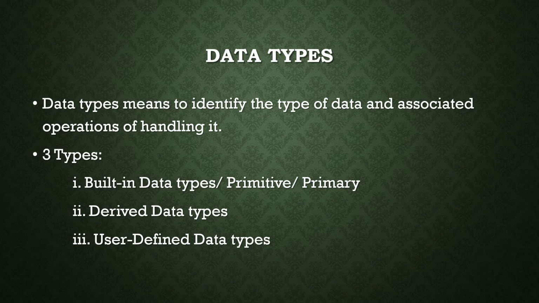If I give you an example, say 3, what will you say? 3 is a number. If I give you another example, say A, capital A or small letter A, then A is a character. Then if I say 3.999, what will you say?